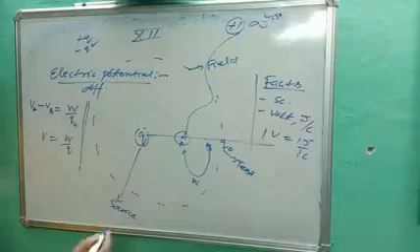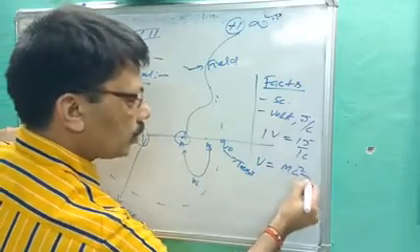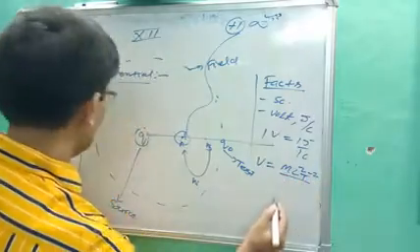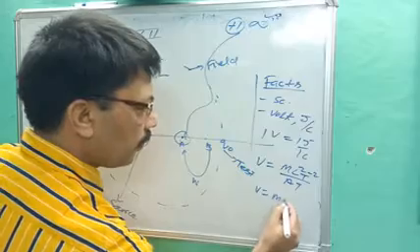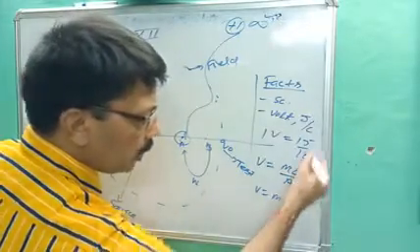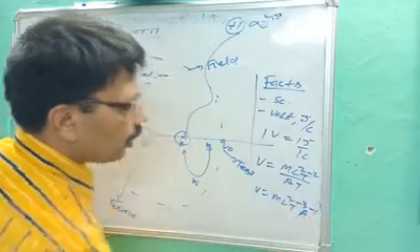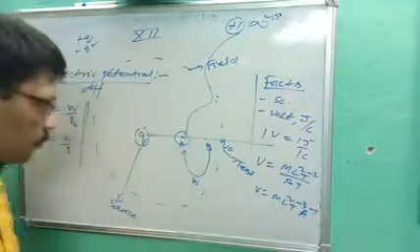And the dimensional formula: V is equal to W upon Q, where W is M L square T power minus 2, and Q is equal to IT, that is A T. So V is equal to M L square T power minus 3 A power minus 1; minus 2 becomes minus 3, and A goes down, it becomes A power minus 1. So this is the introduction of electric potential.